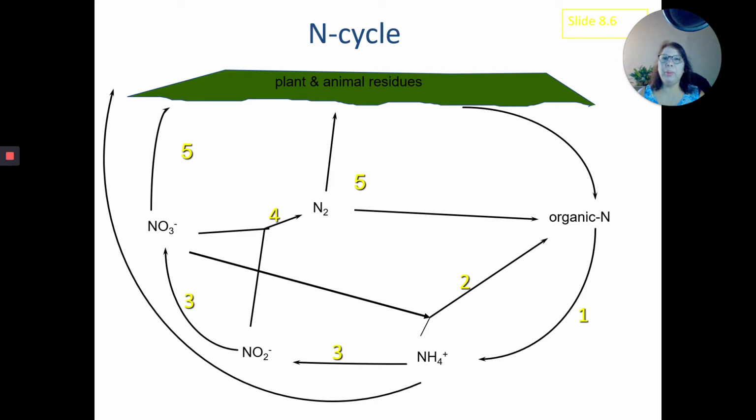Now, this is your famous nitrogen cycle. I am sure you have learned this in your biology subjects or biology related subjects like your environmental science, and likewise in your agriculture. So this is the nitrogen cycle. You have here the plant and animal residues. The plant and animal residues could be generated through their decaying material or even their waste material.